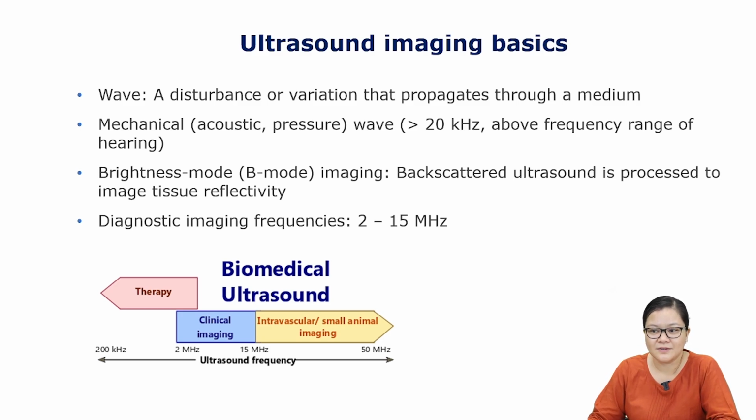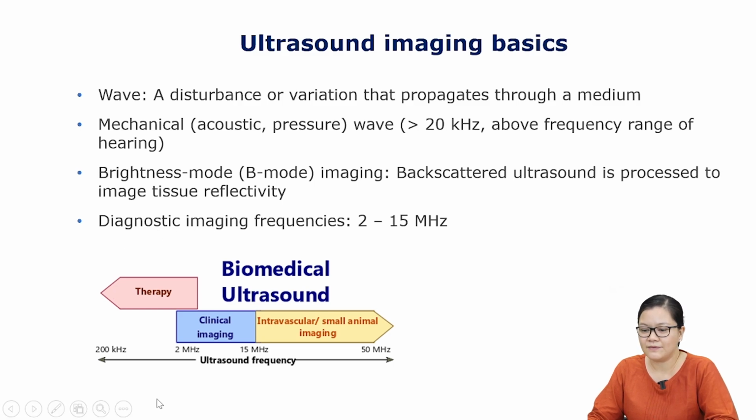In diagnostic imaging, we utilize about 2 to 15 megahertz in the clinical imaging range. But as you can see here, ultrasound also goes down into the hundreds of kilohertz range. And this is typically used for therapeutic applications, such as inducing some bioeffect known as cavitation, as well as heating, known as thermal ablation.